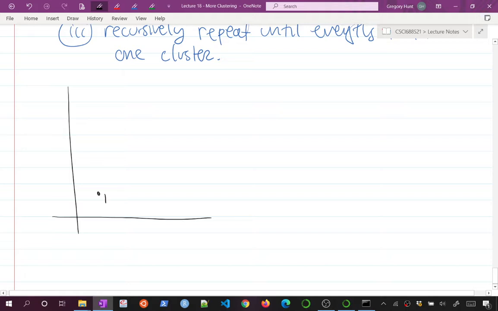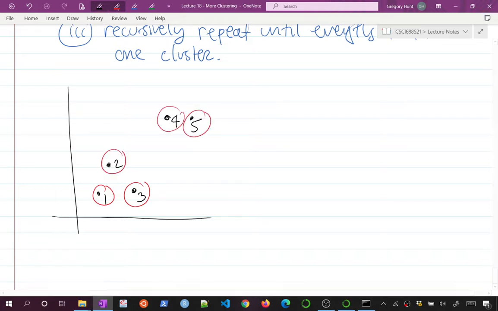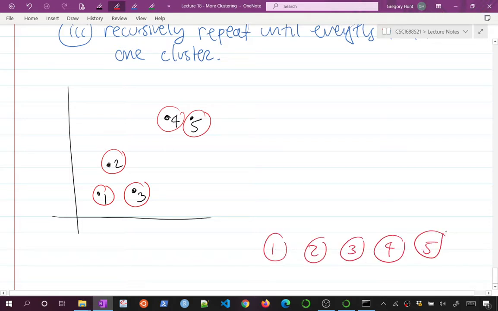So here's my example. I'm going to have points. I'm just going to label them 1, 2, 3, and then I have some other points over here, 4 and 5. And I'm going to build up a tree, a hierarchy. And my hierarchy is going to start where each point is its own cluster. So here are my clusters, 1, 2, 3, 4, 5, 5 clusters. So let's put those as my 5 points at the bottom of my hierarchy.